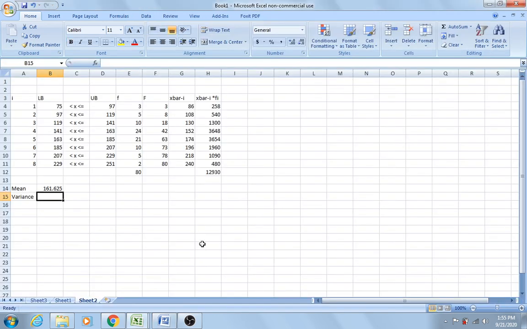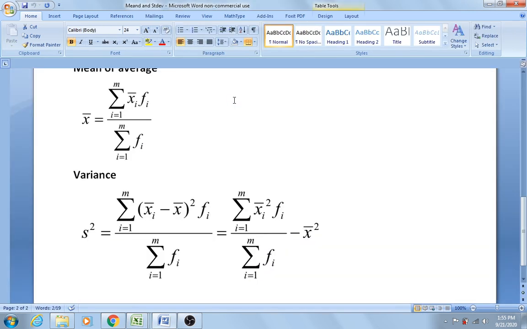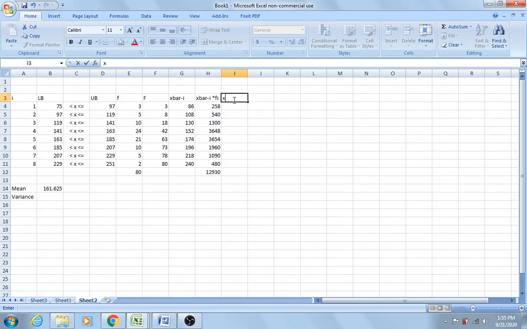Okay, so we need x bar sub i minus x bar, and then square it.